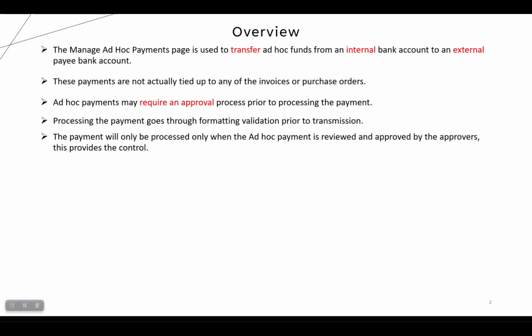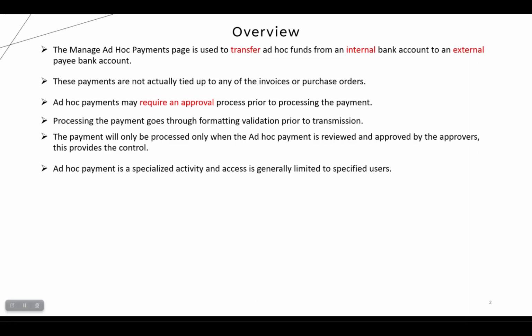As you know, once you configure the BPM approval for any process, it will not complete until it gets approved. It's like a control before the payment is completed and transmitted. It must be approved by the specific approvers.